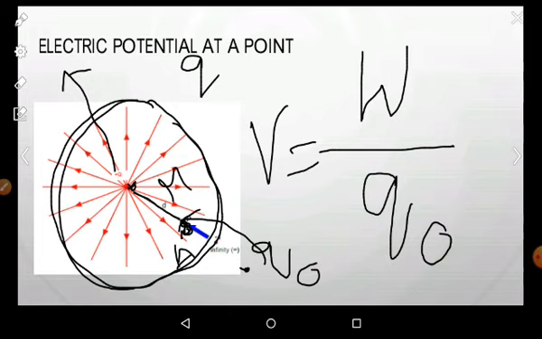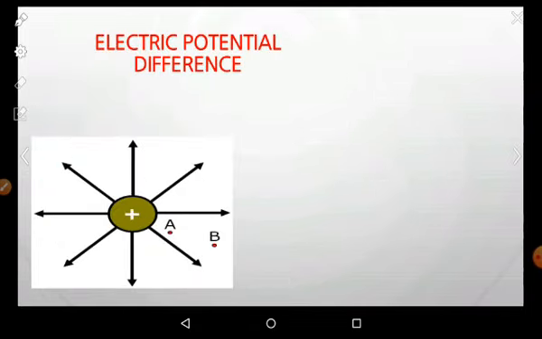This is the reason why all the parameters, all the quantities like electric force, electric intensity of electric field, flux density, or potential and potential difference, all are calculated with respect to positive charge only. This is the reason why electric potential equals work done on unit positive charge. Then, what is potential difference?